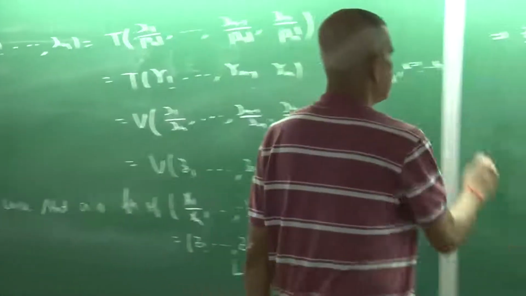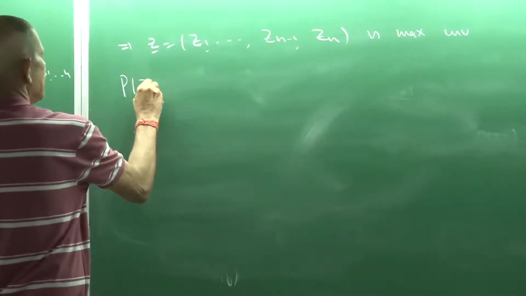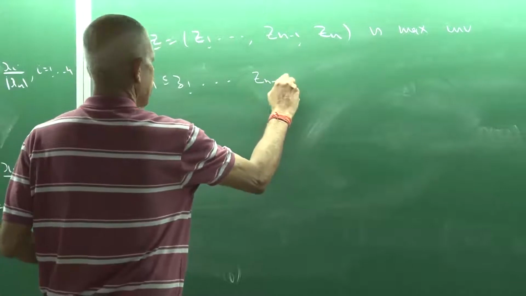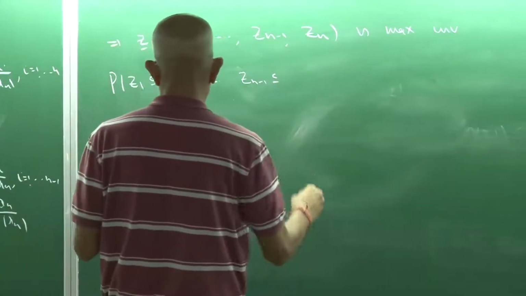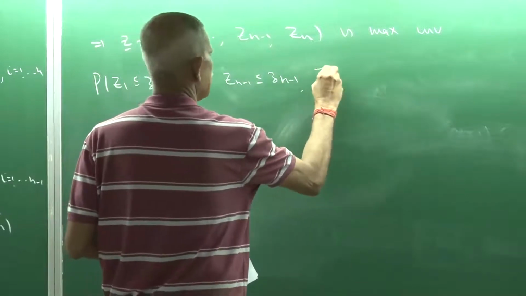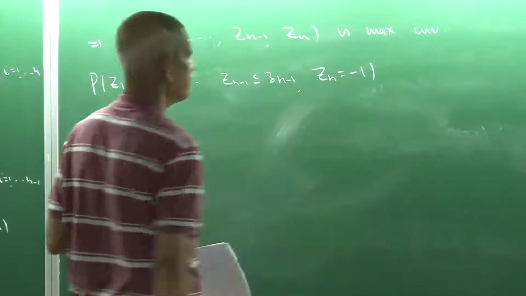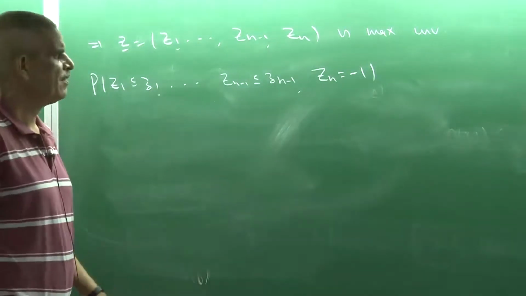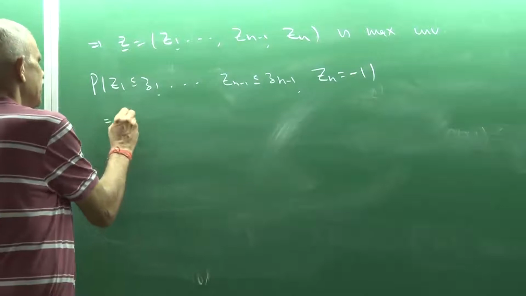So what is the probability that Z1 is less than or equal to z1, ..., Zn minus 1 is less than or equal to zn minus 1, and let us say Zn is minus 1? Z1, Z2, Zn minus 1 are continuous random variables.